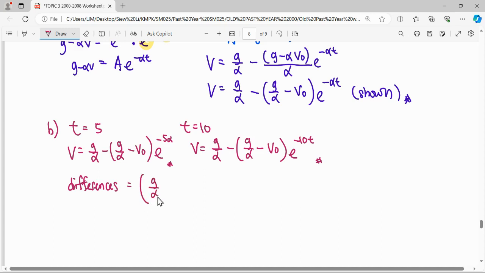So v at 10 minus the velocity at the 5th minute.